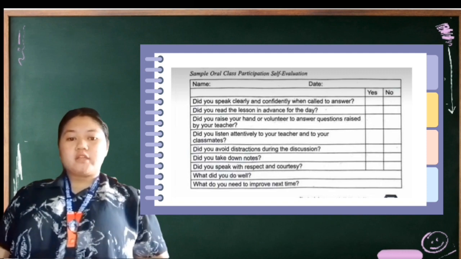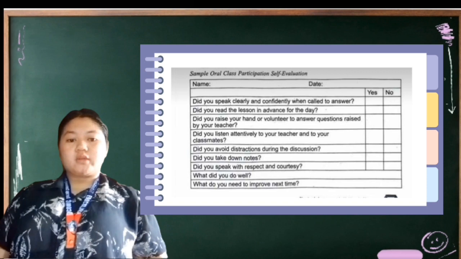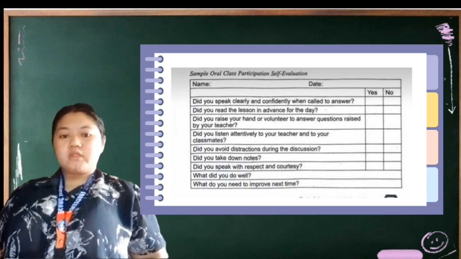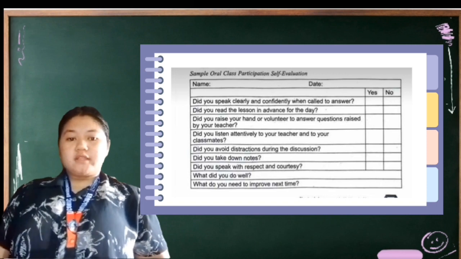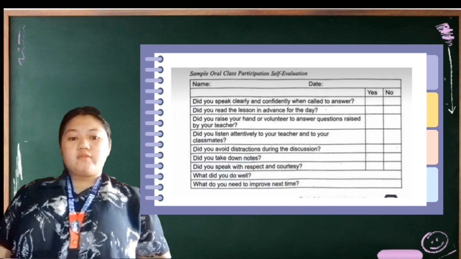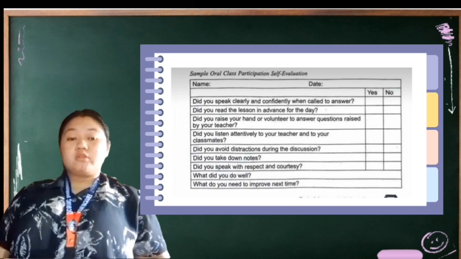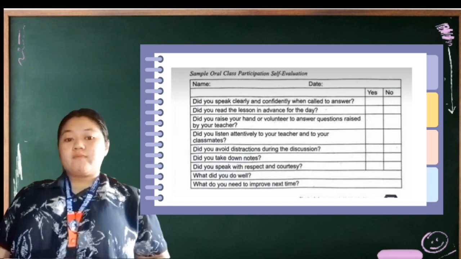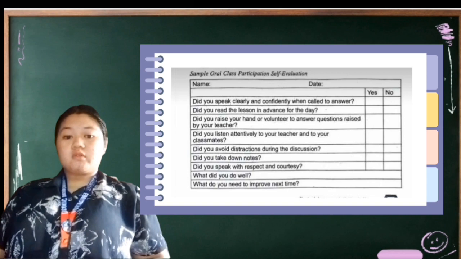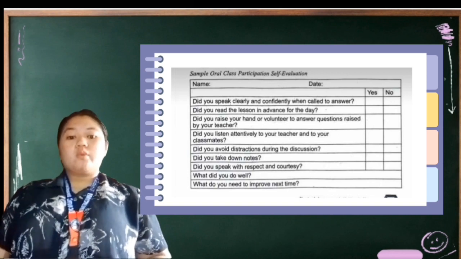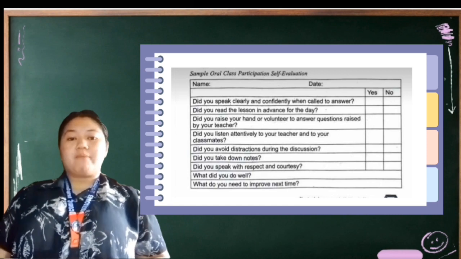Did you raise your hand or volunteer to answer questions raised by your teacher? Did you listen attentively to your teacher and to your classmates? Did you avoid distraction during the discussion? Did you take down notes? Did you speak with respect and courtesy? What did you do well? And last one, what do you need to improve next time?